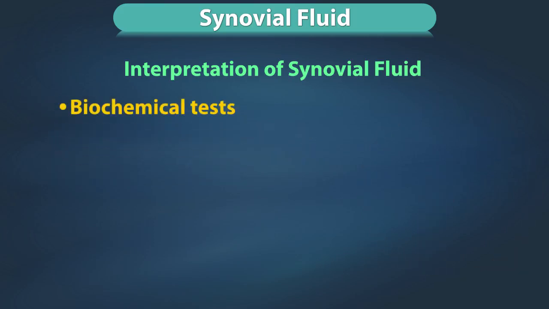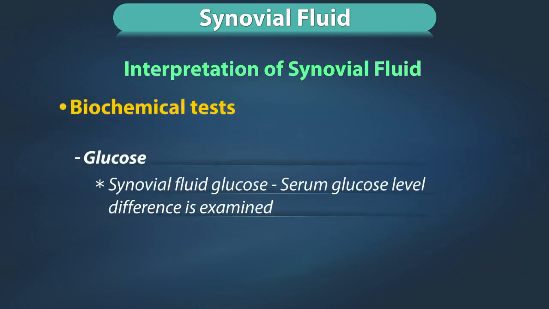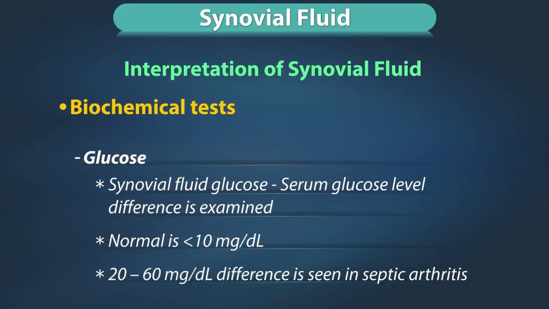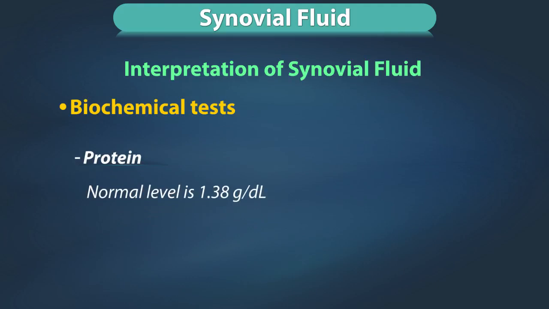Biochemical tests. Glucose. The synovial fluid to serum level glucose difference is examined. Normal difference is less than 10 mg per deciliter. 20 to 60 mg per deciliter difference is seen in septic arthritis. Protein, the normal level is 1.38 grams per deciliter.